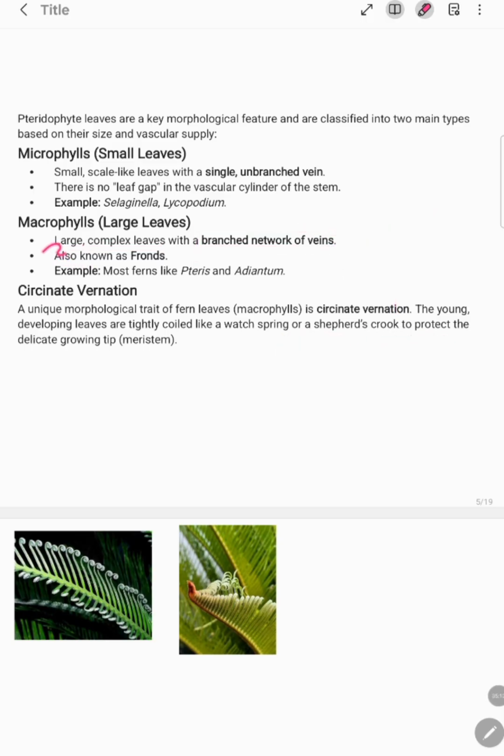Okay, and these macrophylls, the large leaves, are also known as fronds. Point to remember. Okay, examples are Pteris and Adiantum. What was the example of microphyll leaves? Your Selaginella and Lycopodium. And macrophyll leaves, which are also known as fronds, are Pteris and Adiantum.